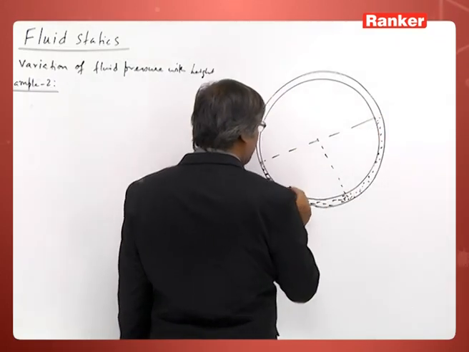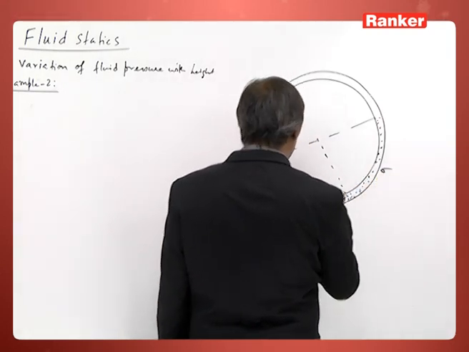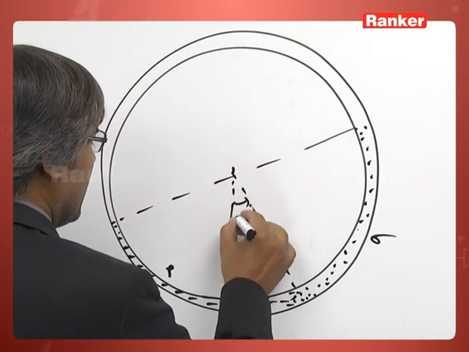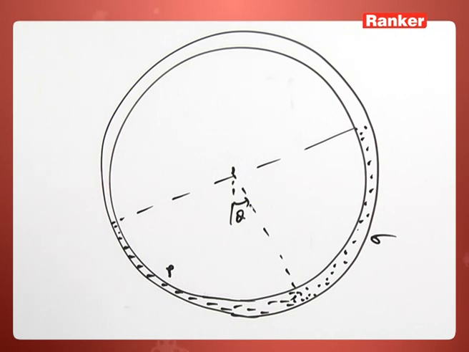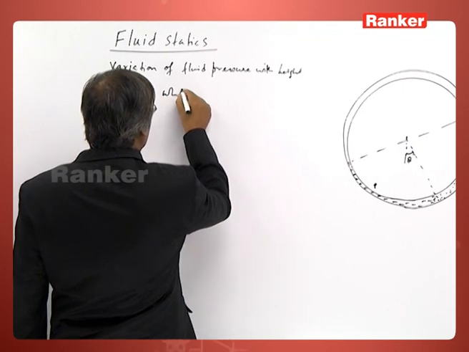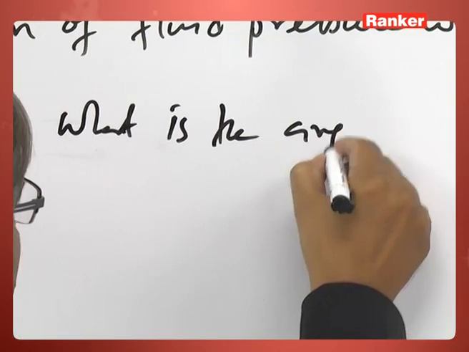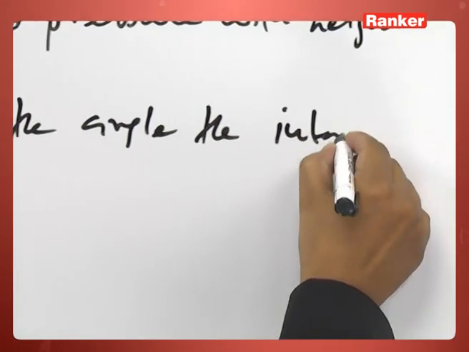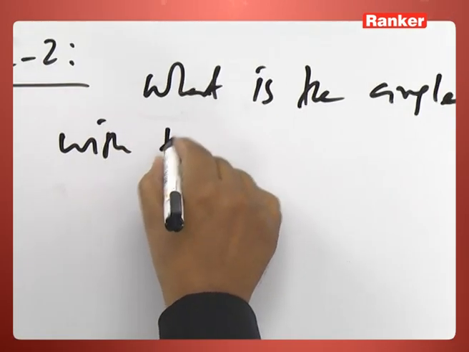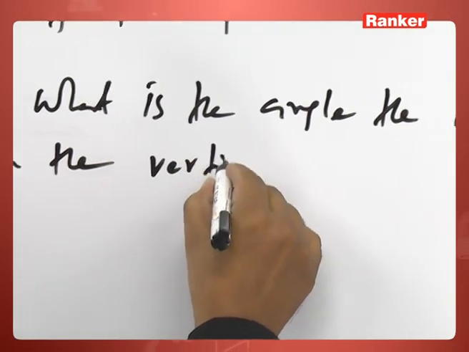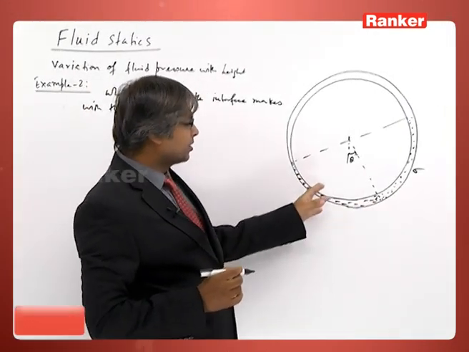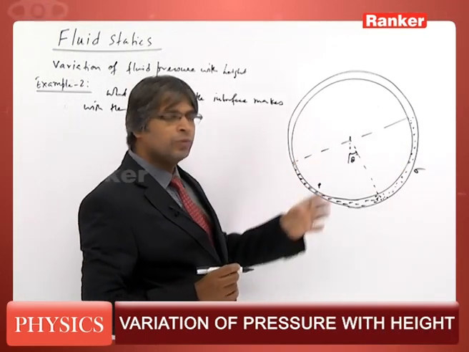So we have two liquids of density rho and sigma. Now, it is asked to find what angle theta the interface makes with the vertical. So we wish to calculate this theta. This is rho and this is sigma, we have two liquids.